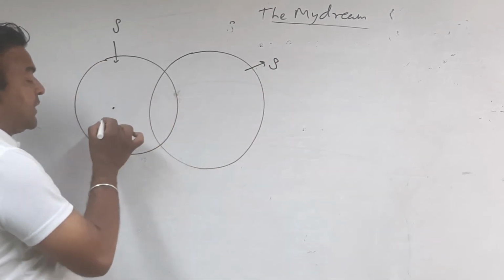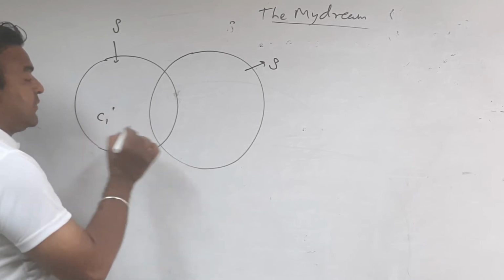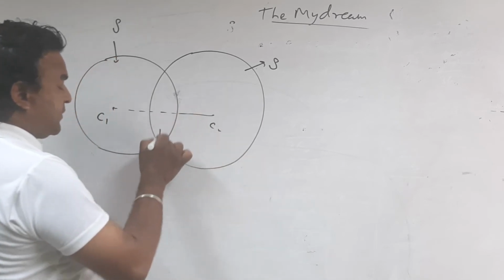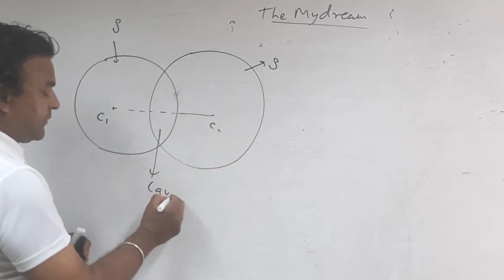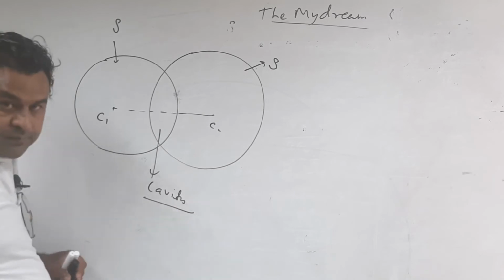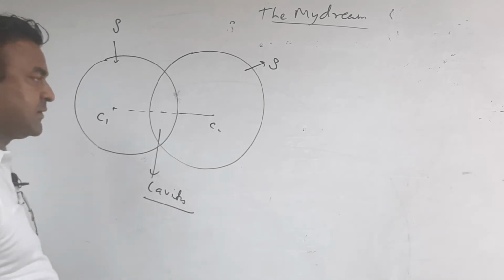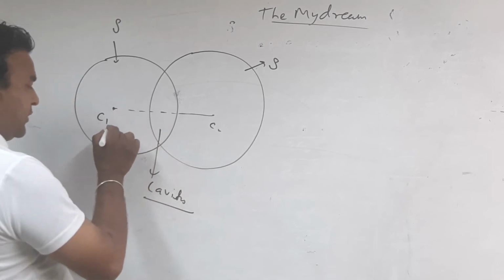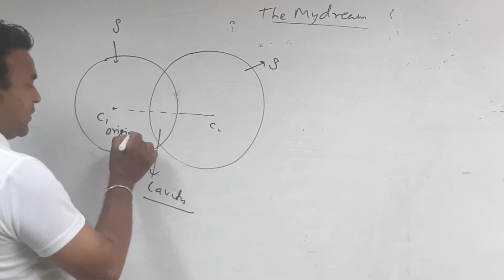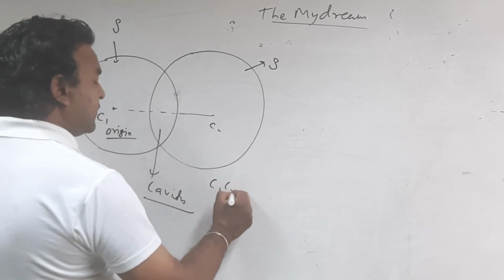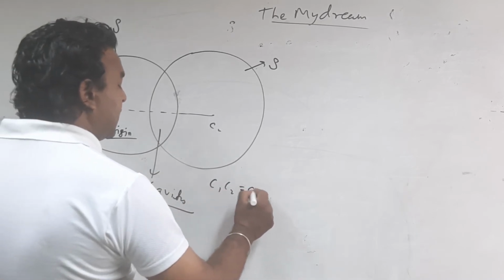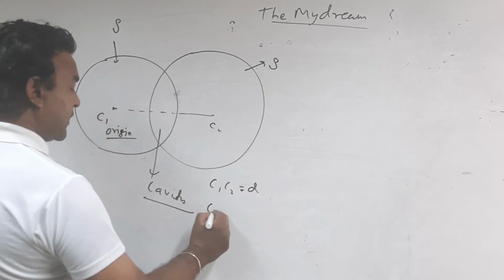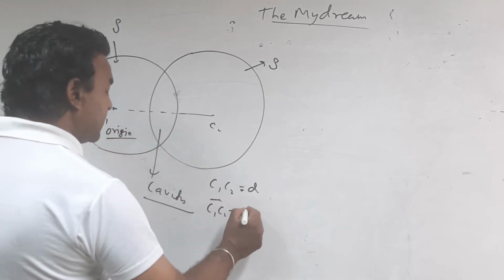If we calculate the result, then this is center C1, this is center C2, and this place is a cavity. Suppose we count this place as cavity, and I take C as origin, then the distance C1 C2 is, say, D, and if I count it as a vector, then the C1 C2 vector is vector D.